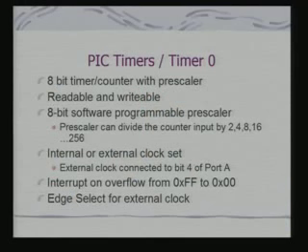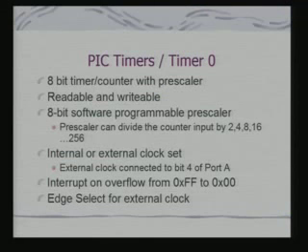And it can be set to internal or external clock, and in fact, you can see that the external clock is connected to bit 4 of port A. So, this is an example of what I had already told you, that these I/O bits are multiplexed for various tasks with peripherals. This is an example where bit 4 of port A can be used as an external clock for timer 0, and it generates an interrupt on overflow.